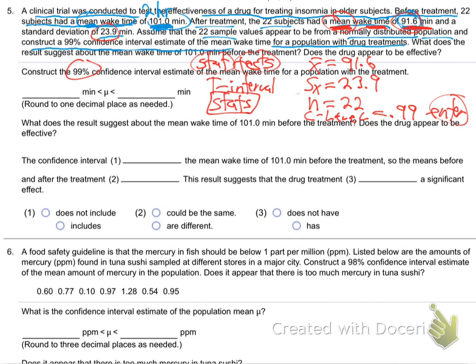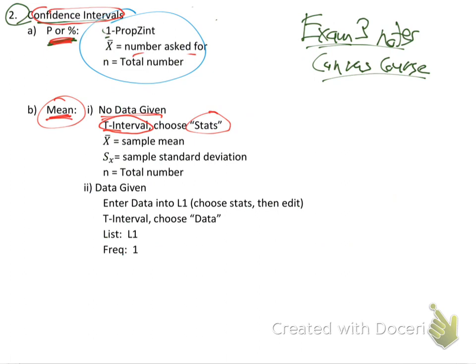And what it comes out to be is 77.2 to 106.0, rounded to one place past the decimal. So, okay, what is that really saying then? This is a different kind of confidence interval, isn't it? Let's go back and look at the notes again. Here's the notes.